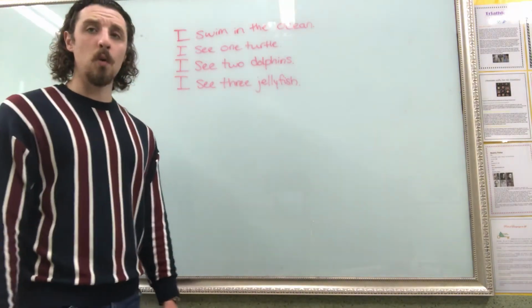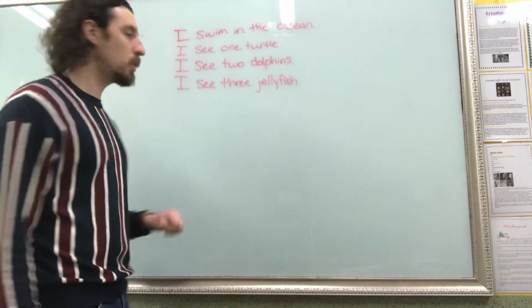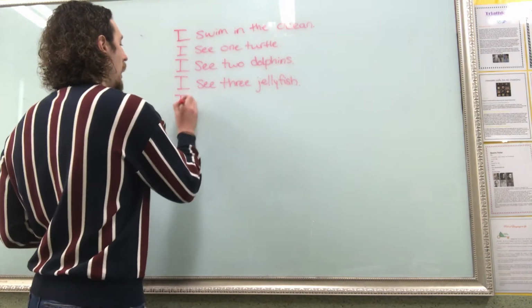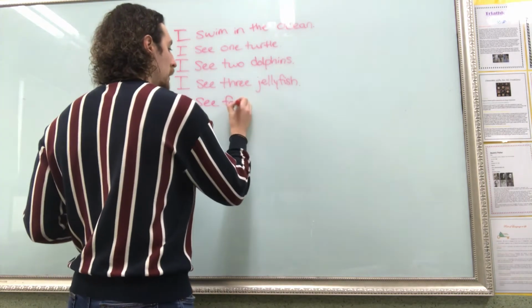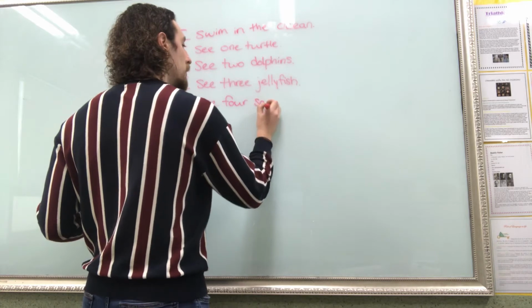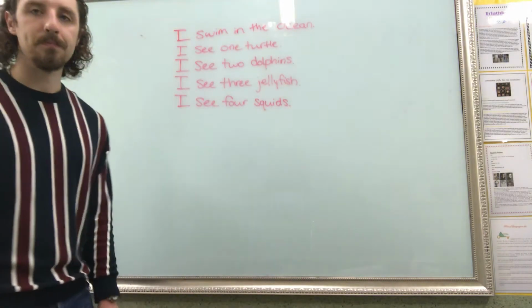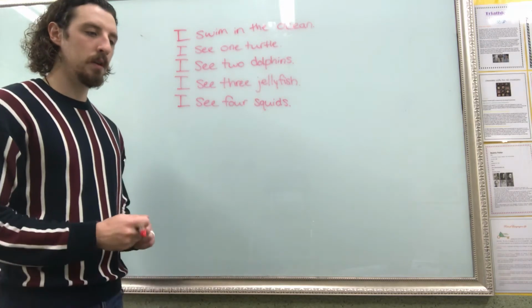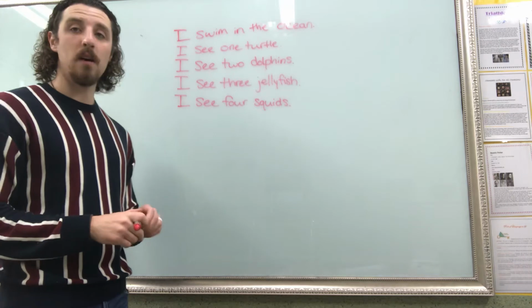Let's move on to the squid. How many squids did we see? We saw 4 squids. I see 4 squids. Okay? The next animal we had was a whale.